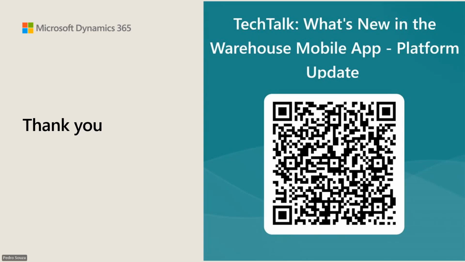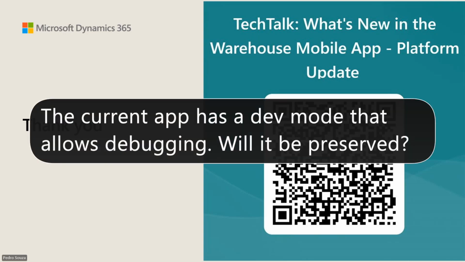We have a question. The current app has a dev mode that allows debugging XML files and more. Will it be preserved? Yes, I think we said we would still have the configuration mode, if that's what we're referring to. The options in dev mode are reduced, with fewer options that don't make sense on the new app. But most of the important things, like setting feature flags, network diagnostics, and other features will be there, and seeing logs will also be there.